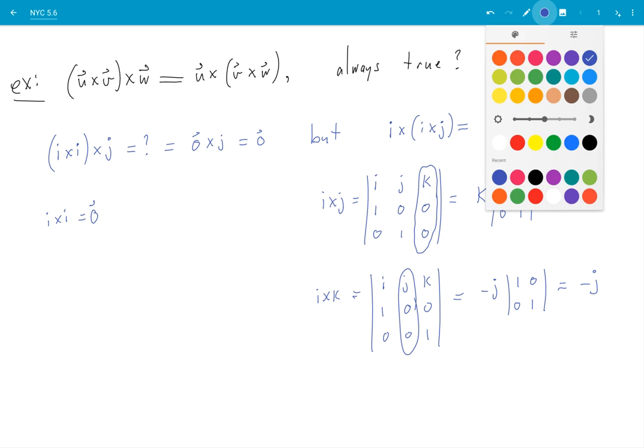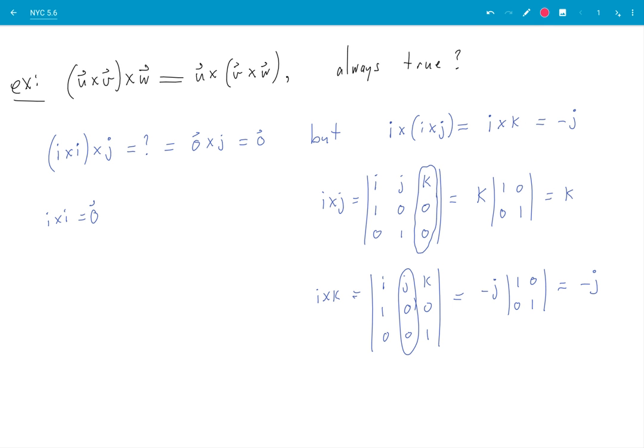All right, so my answer to this question is nope. In one version of bracketing, I get the 0 vector, but in another version of bracketing, I get minus J. So very different.